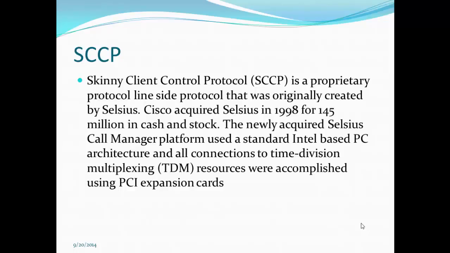The newly acquired Selsius call manager platform used a standard Intel-based PC architecture, and call connection to time division multiplexing, or TDM, resources was accomplished using PCI expansion cards.